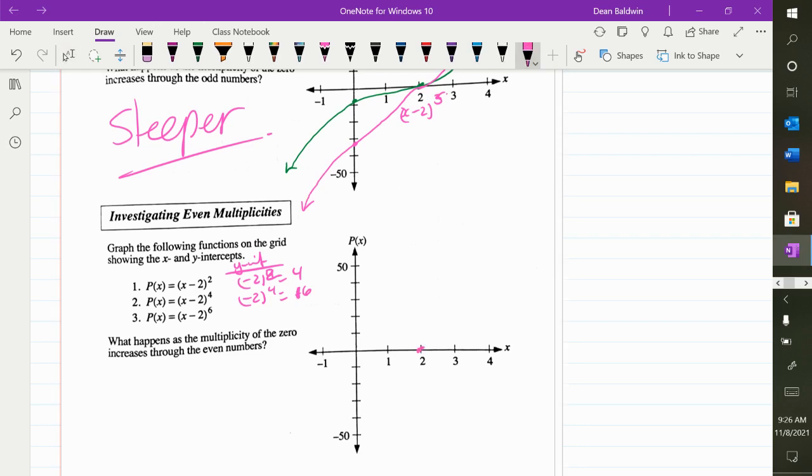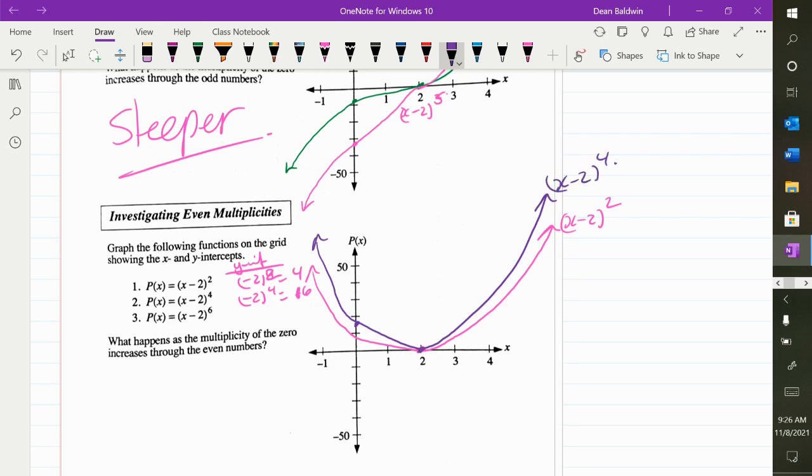So these are horrendous parabolas. That's x minus 2 to the power of 4, to the power of 2. If you change it, the general shape is the same.